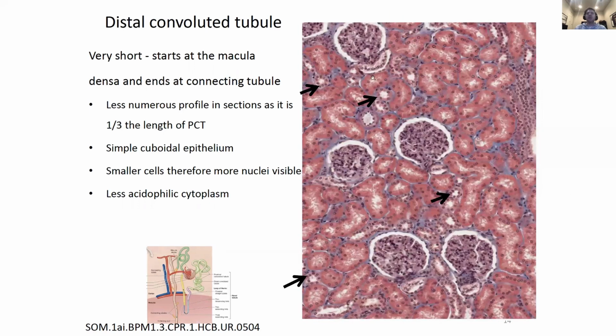All right, now we get to the distal convoluted tubule. So the thing we want to differentiate here is proximal convoluted tubule versus distal convoluted tubule. So first of all, know that there's 6 proximal convoluted tubules to every 1 distal. Okay, so you're going to see a lot more of the proximals than you are distal. So remember we said the proximal convoluted tubule is very pink, sparse nuclei.